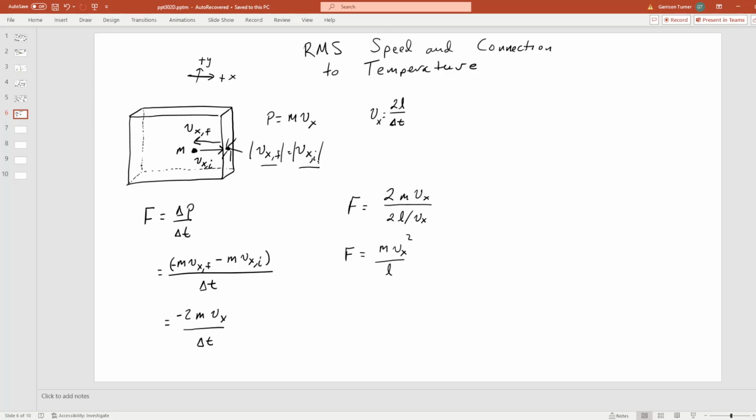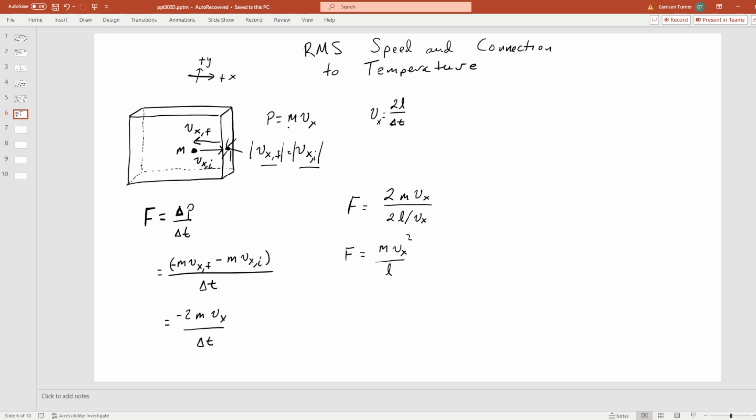Of course the force is equal to the change in momentum, and here P is momentum, not pressure, over change in time.